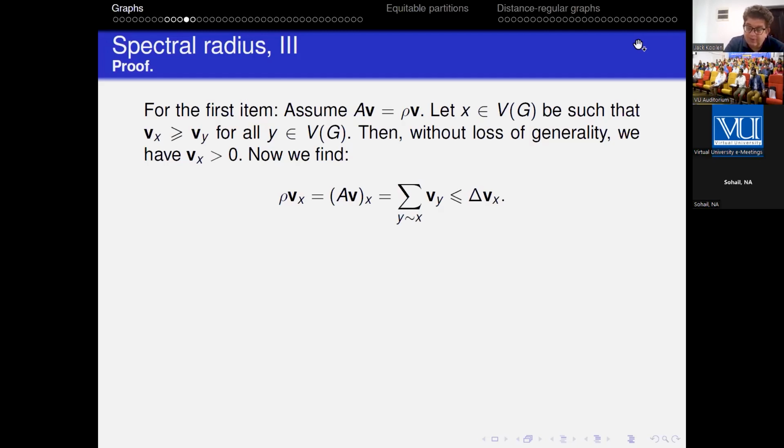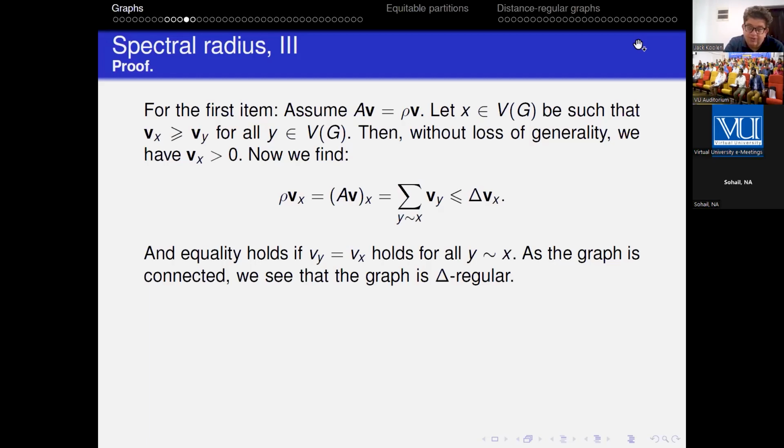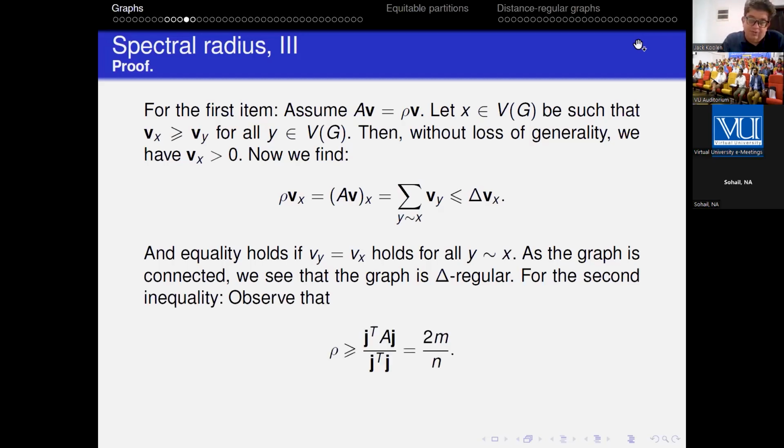And v y is at most v x, so we get this easily. And equality holds if v y is v x for all y adjacent to x. As the graph is connected, we see that the graph is delta regular. That's all.